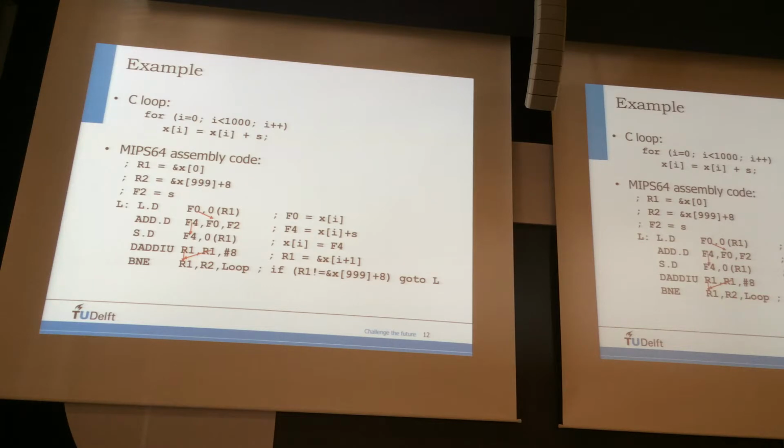Now you see, this is an example of that loop, written in MIPS, and you see that there are a lot of dependencies in here. Some of them are true dependencies, some of them are not really true dependencies. And on this example, it's quite clear that if I look at more loop iterations, things will get better.